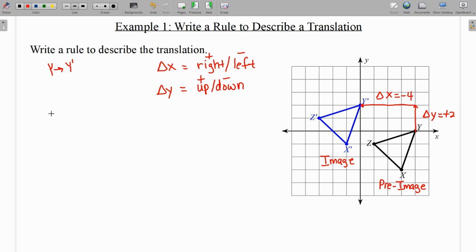So in the rule that we're going to write for this translation, we're going to say that we went 4 units left and we went 2 units up. And that would be our rule for this particular translation that you see.